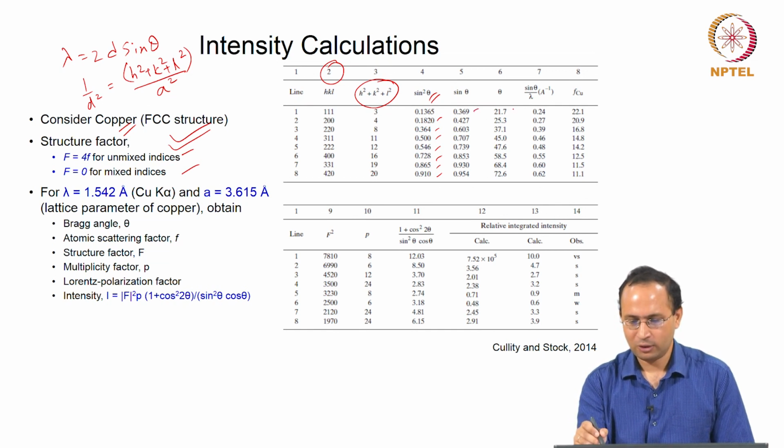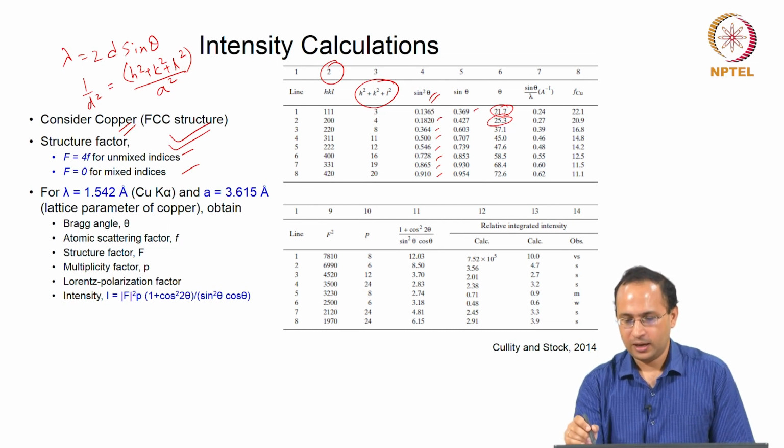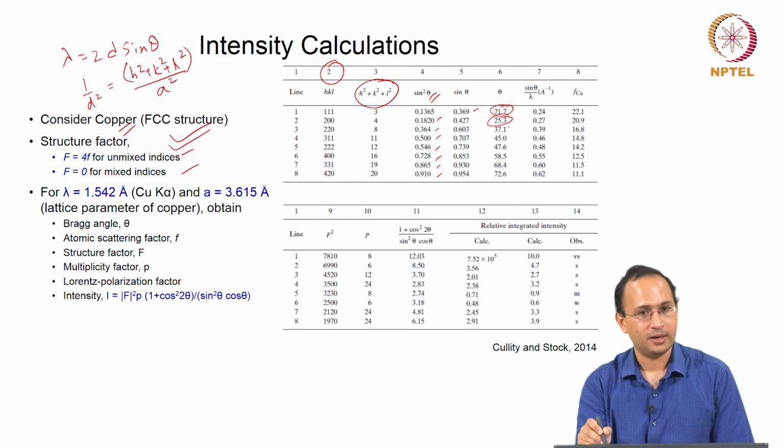Once you know this you can always calculate theta. Once you know sin theta you can calculate theta. So these are the values you have, in degrees. So far good? So you know the plane, you know the angles, the Bragg angle where you have diffraction.